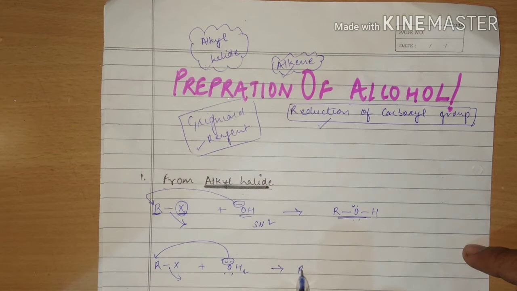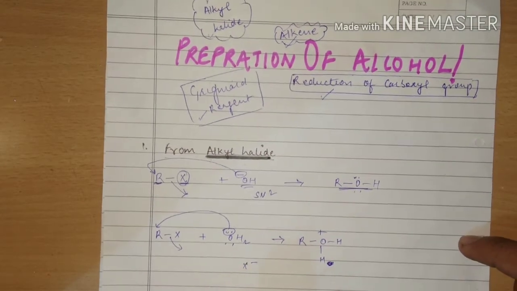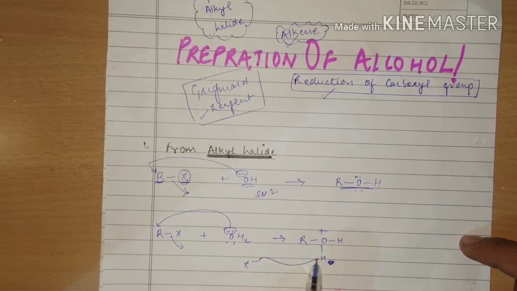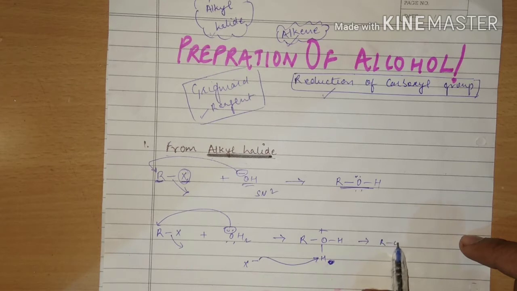So we will get ROH2 plus, and this X will leave as X minus. This X minus will attack the R, extract it from this compound, and we will get ROH plus HX.